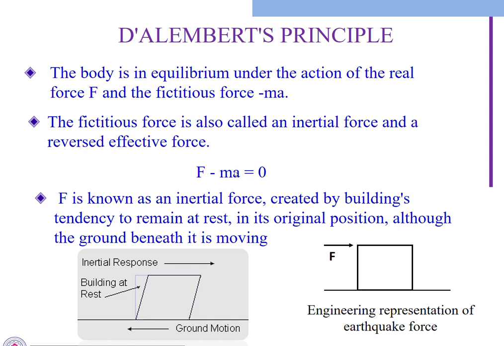The building tends to remain in its original position although the ground beneath it is moving. There may be motions under the ground, but the body will remain stable, in its original position. There won't be any deflection in the body. That is represented by D'Alembert's principle.